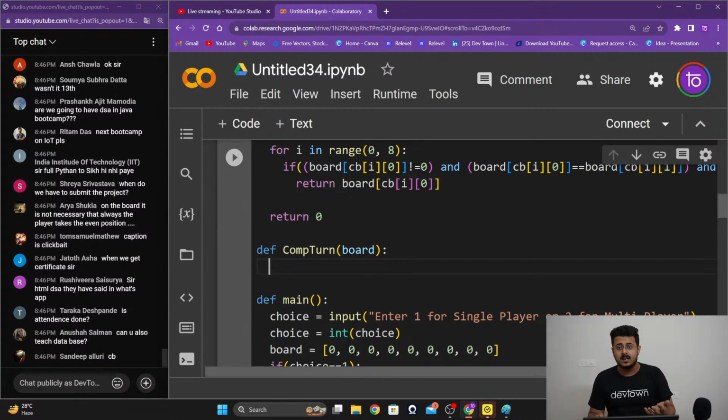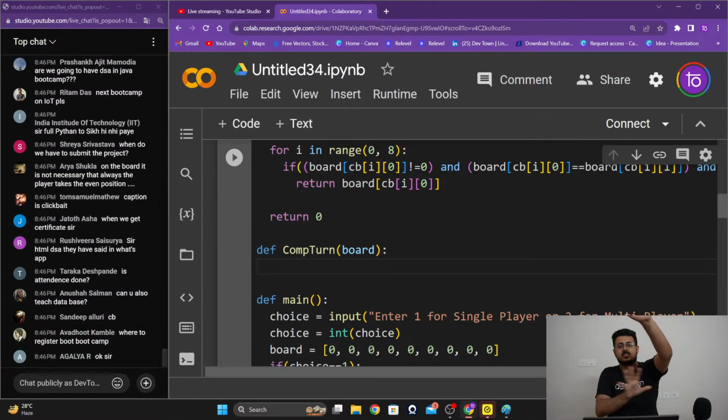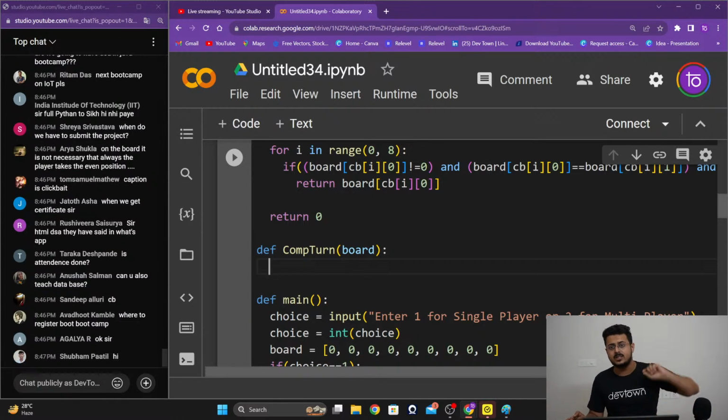How do I do that? I will take that particular gameplay and make all the possible permutations and combinations of all the different game cases that can happen. So if I put my X at so and so position, what will you do after that? If I put my X right over here at the 6th position, what will you do after that?